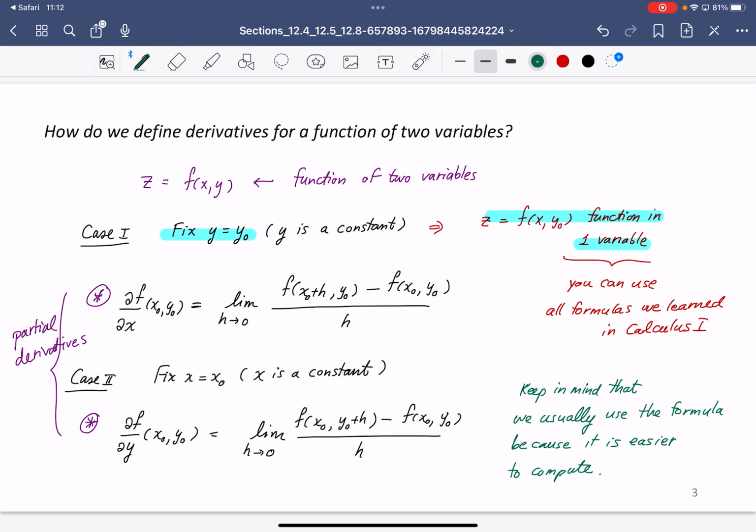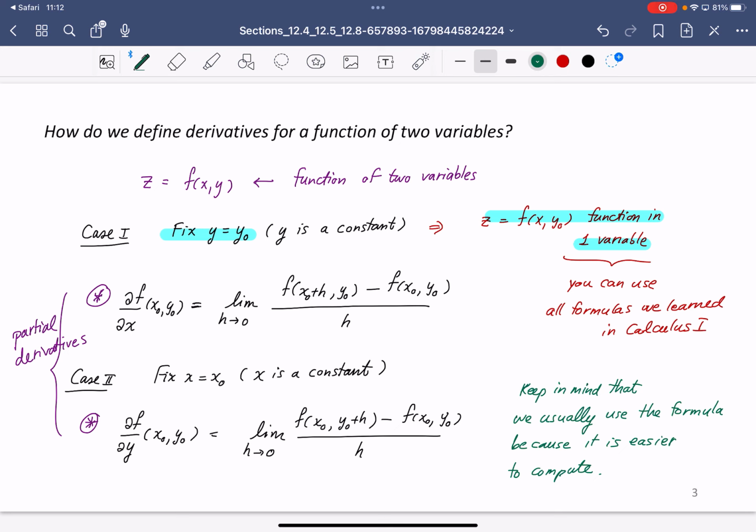When you fix one variable, x or y, you come back to a function in one variable, and then you can use the formulas from calculus 1. That is basically what you do when you take the derivative. It is easier than using the definition, but there are some cases where you cannot use the formula, and you have to use the definition.